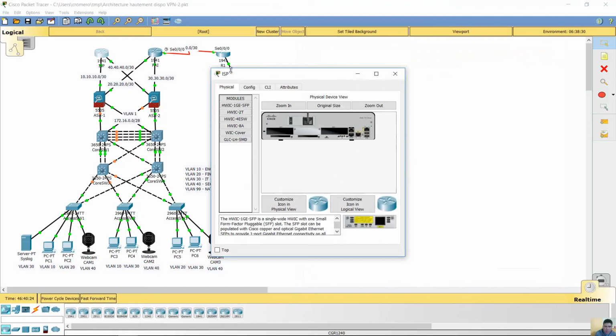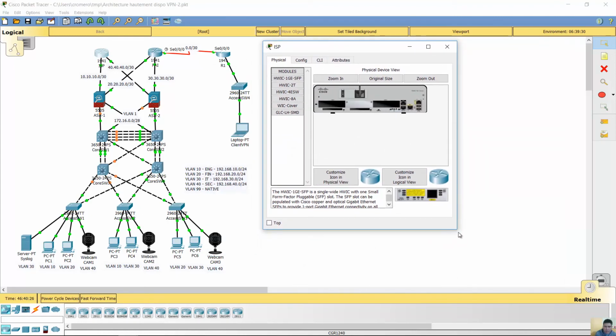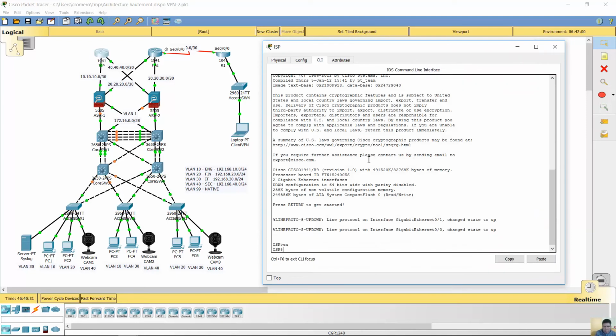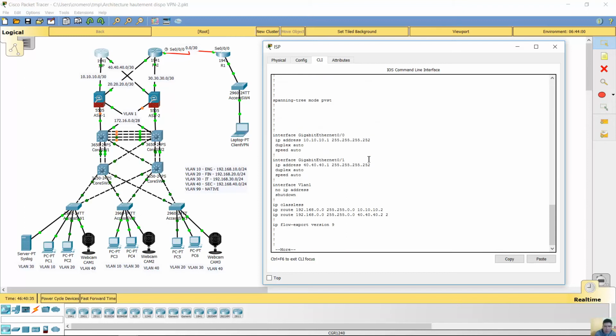And ISP is very similar, show running config. Okay, 2 gigabit interfaces configured and 2 static routes to reach the LAN networks.